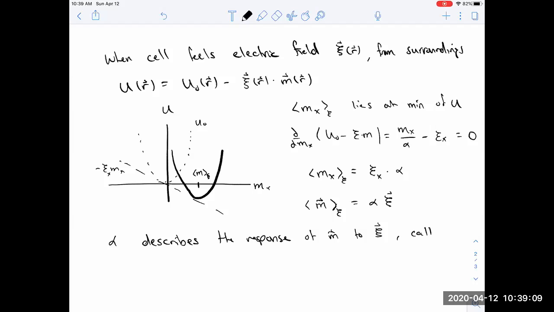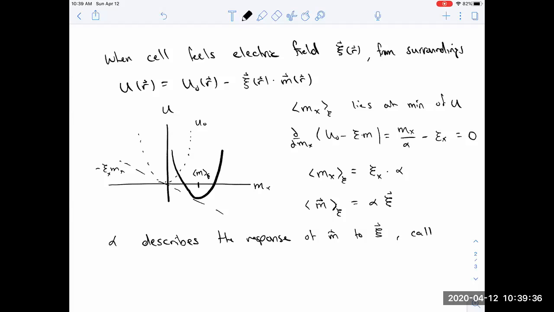So that's a quantity that you have undoubtedly heard of before. If I took a system of charges and I added a field and asked for how much they polarized in response, well, if you think back to something like 128, that's not so different from saying I have, say, a hydrogen atom, net neutral molecule.